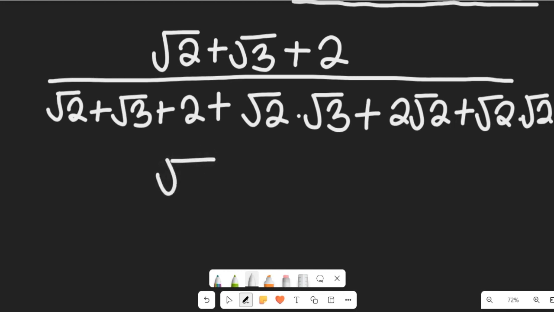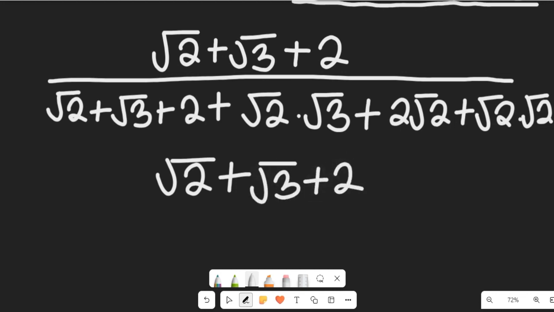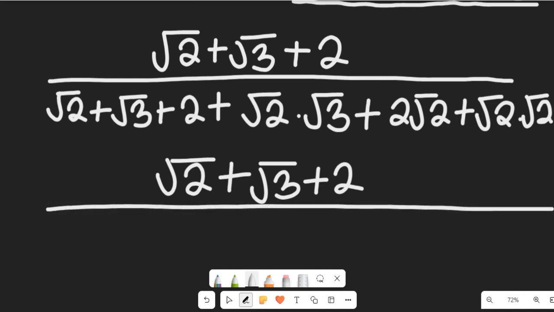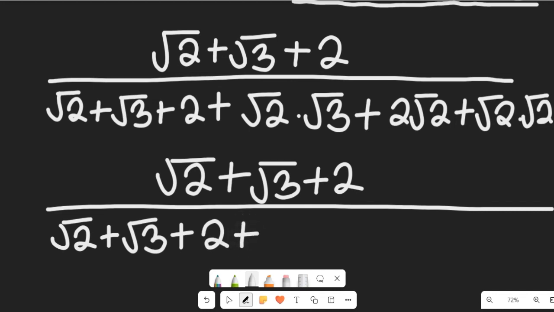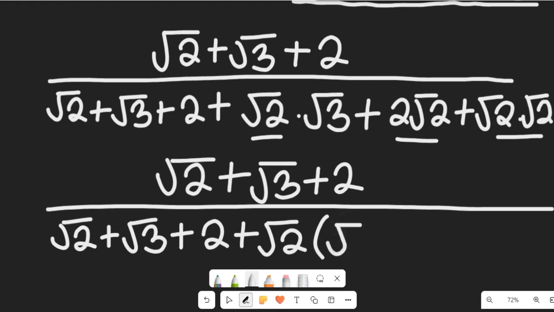The numerator will now give me root 2 plus root 3 plus 2, and the denominator will now give me root 2 plus root 3 plus 2 plus, you find out that root 2 is common between all these expressions, so we'll bring out root 2, and that will be multiplied by root 3, because all these divided by root 2 will give us root 3, plus all these divided by root 2 is going to give us 2, and all these divided by root 2 is going to give us plus root 2.